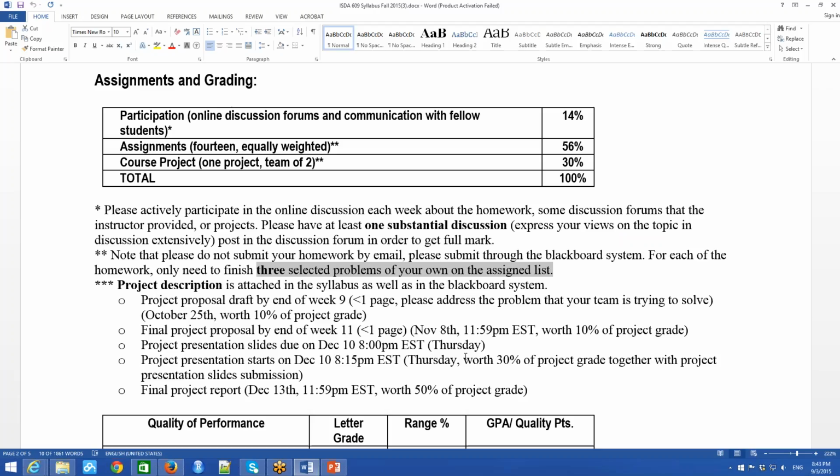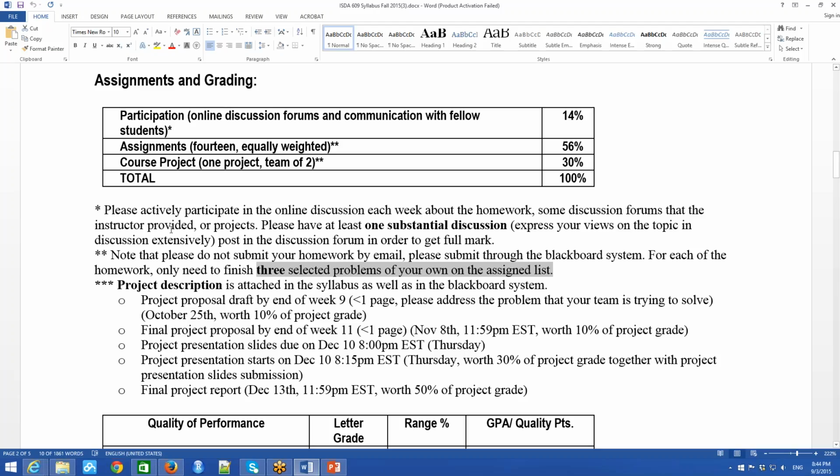Of course, if you are interested in doing more, I'm open to giving bonus points, even though that has not been thought through. If you do all the extra 3, I probably can give you somewhere between 20 to 30% more points. I haven't decided on that yet, but I'll give you a heads up.